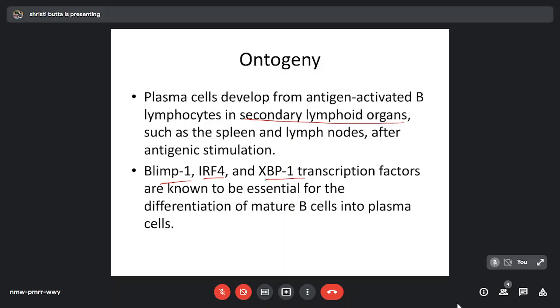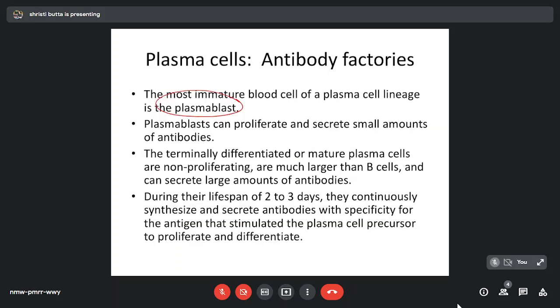Plasma cells are nothing but the antibody factories. The most immature cell of the plasma cell lineage is a plasmablast. The plasmablast can proliferate and secrete small amounts of antibodies. The terminally differentiated or mature plasma cells are non-proliferating and are much larger than B cells and can secrete larger amounts of antibodies. They have a short lifespan, about 2 to 3 days.